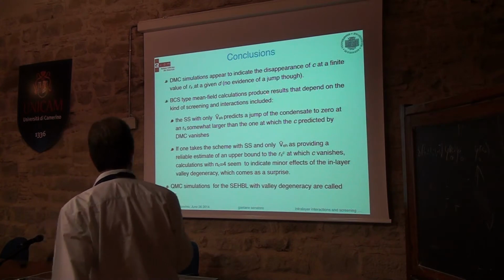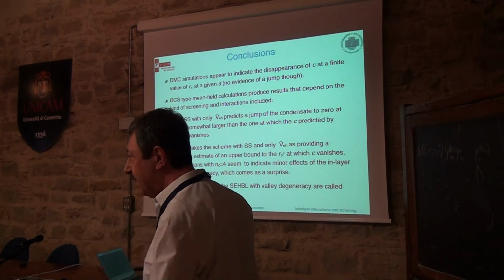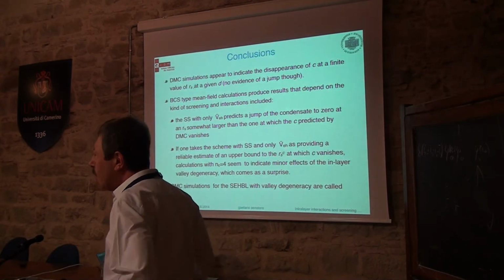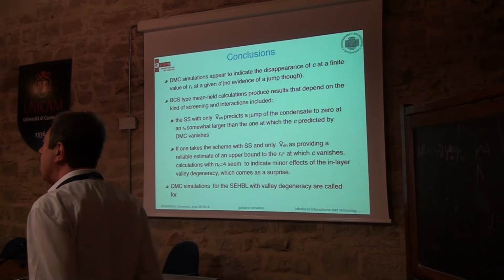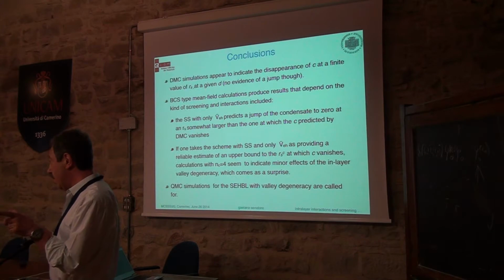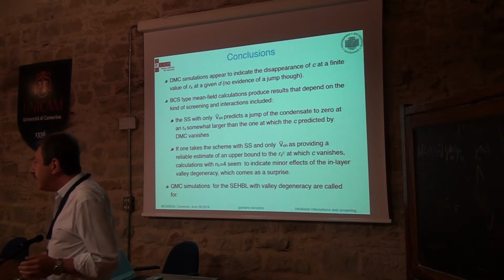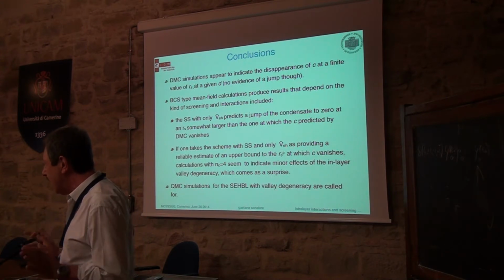BCS type mean-field calculations produce results that depend on the kind of screening and interaction included. I believe that I showed all the curves together to emphasize that. And clearly, you can say, I take the one which is closer to the truth. How this will last when you move to a different problem, I can't guarantee, and I don't know.